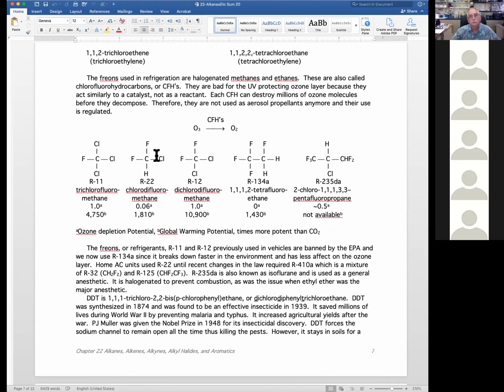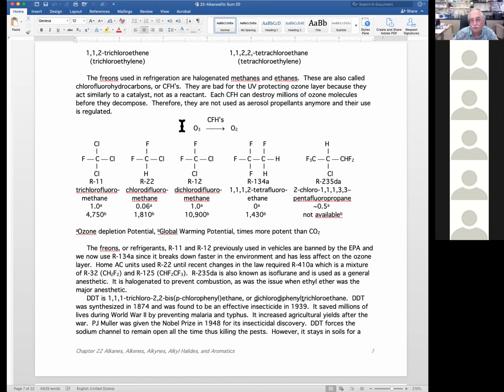Then the freons that are used in refrigeration are usually halogenated methanes and ethanes. And I won't go through the chemistry of this yet, because it's all free radical chemistry, but chlorofluorohydrocarbons take ozone and break it down into oxygen. So ozone is very important because it absorbs ultraviolet radiation.